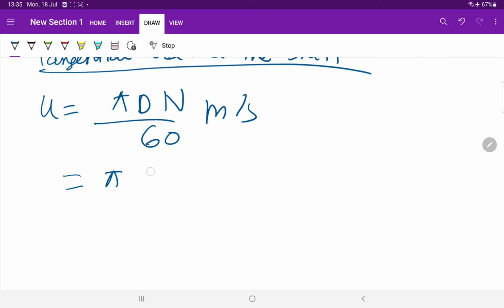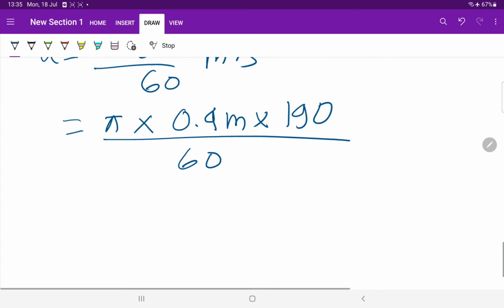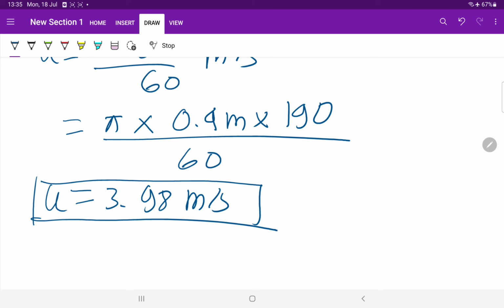We know pi, directly put in calculator pi, no need to break it into 3.14. So pi into 0.4 into 190 divided by 60. It is coming as 3.979. I'll just take two places, u is equal to 3.98 meter per second. So I found the tangential velocity.